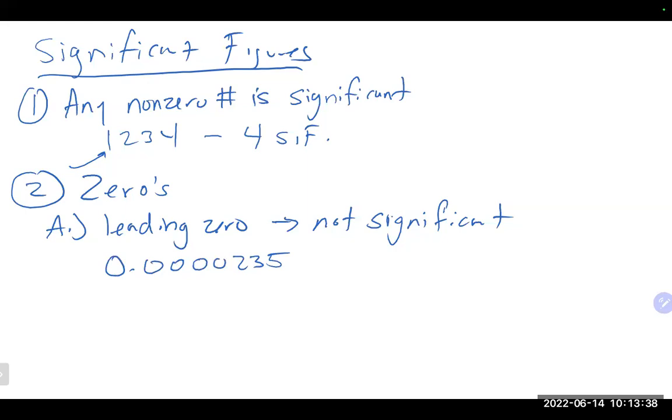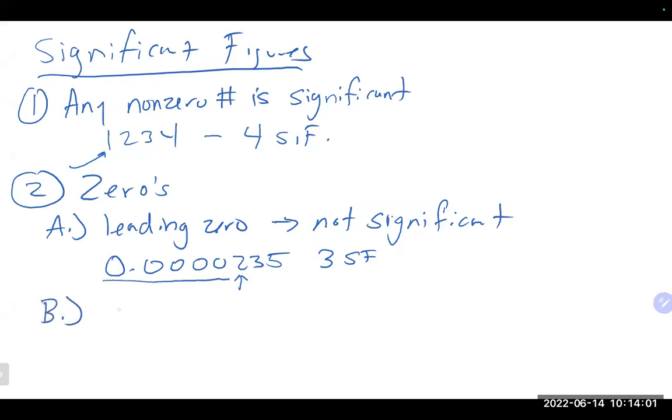We would have 3 significant figures. We would start going this way, and we wouldn't start counting until we hit the 2 that's right there. That would be 1, 2, and 3 significant figures for this particular number. You can have as many zeros as you want. You do not start counting until you hit the very first non-zero number.